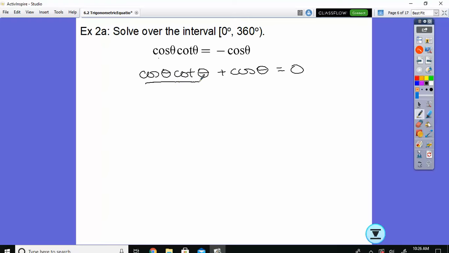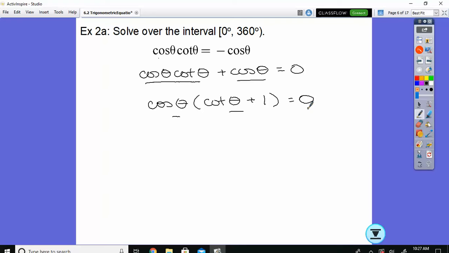Okay, I can't add these together, but they are two terms, and what do they both have in them? Cosine. So what you could do is factor out your cosine. That leaves you with cotangent theta plus 1. Now I have two things multiplied that equal 0.